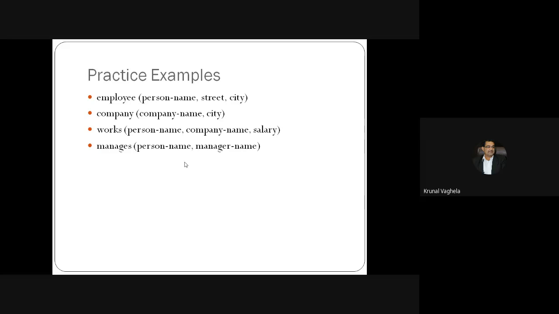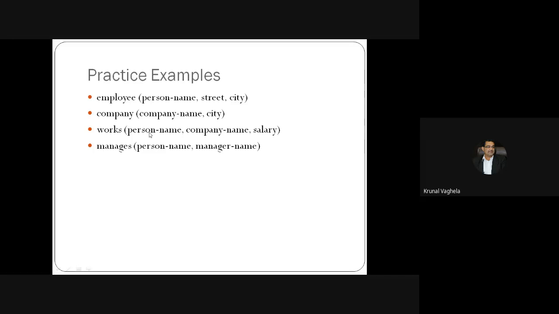See here, from these you can get which person is working for First Bank Corporation. But what will be the city of that person? So I need the employee table also. From works I will get the person name of who works for First Bank Corporation.